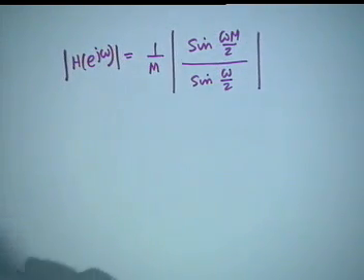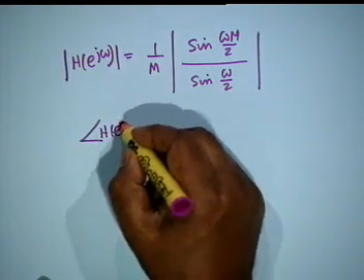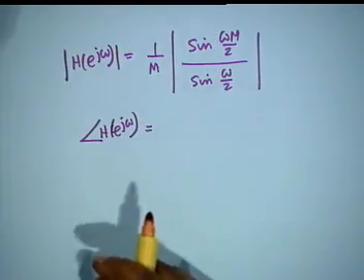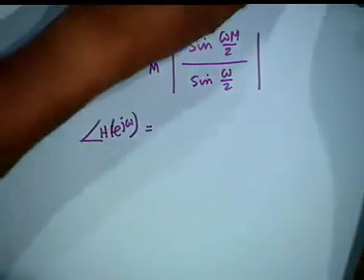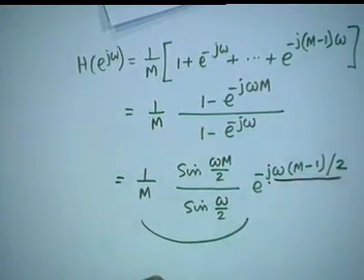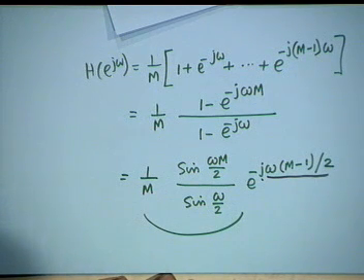This is the magnitude, and the angle of capital H is equal to, if you take help of the previous expression, I have the expression here. You see, the angle would be minus omega times M minus 1 by 2.